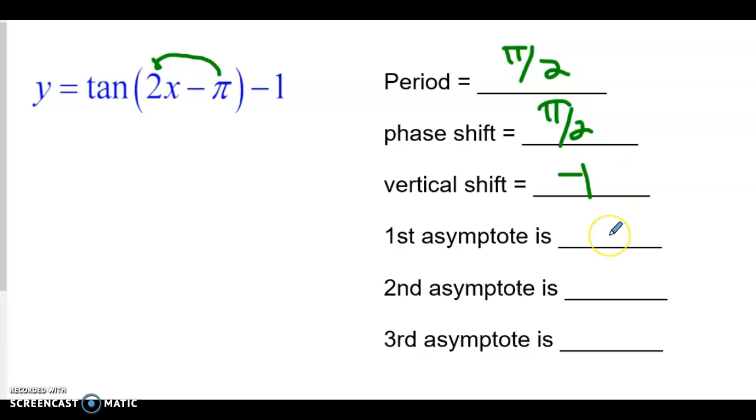Now, first asymptote, you will take the phase shift, which is pi over 2, and we are going to subtract half the period. And the period is pi over 2. So we are going to have pi over 2 minus pi over 4.